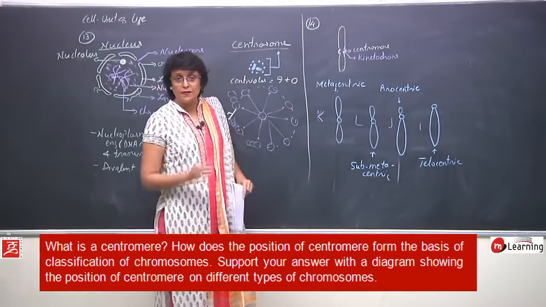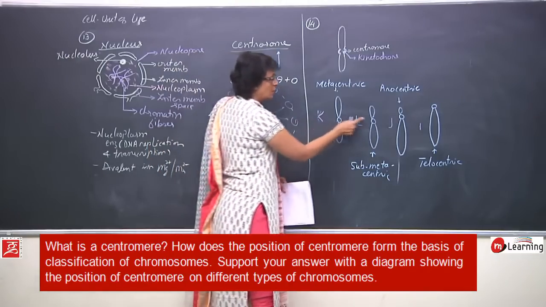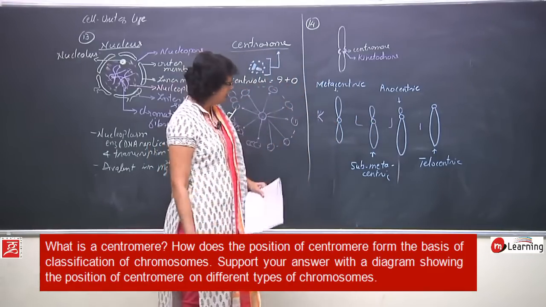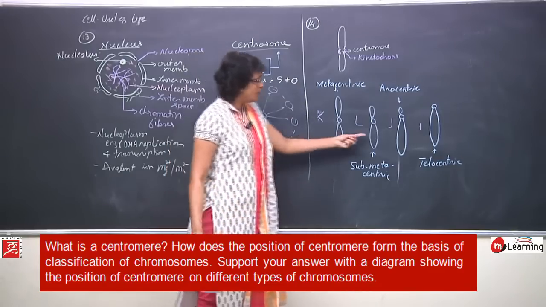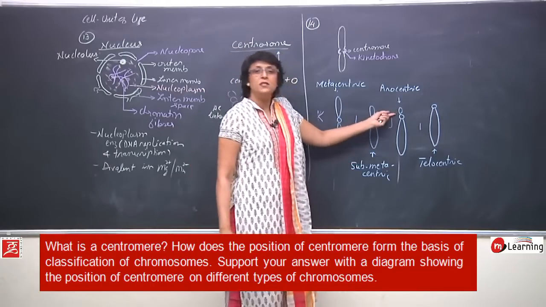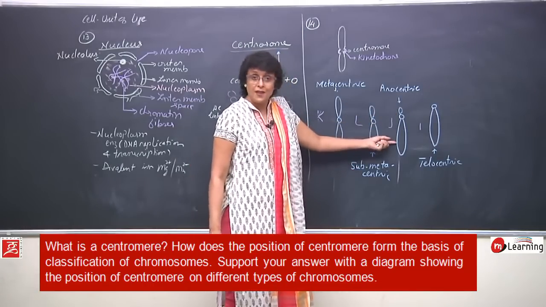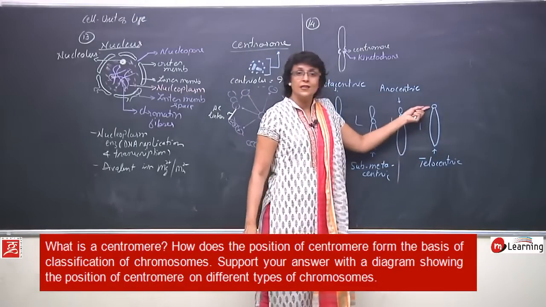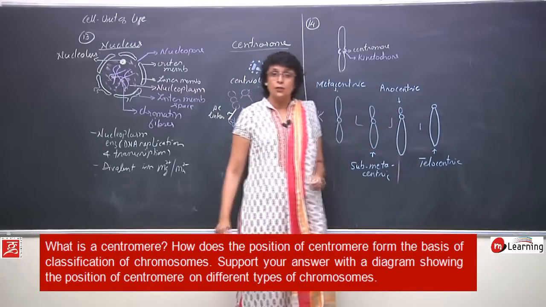The difference in these four is due to the position of the centromere. If it is central, two arms of the same length, metacentric; one arm long, other short, submetacentric; the short arm very, very short and the long arm very long, acrocentric; and if the centromere is terminal, then it is telocentric.